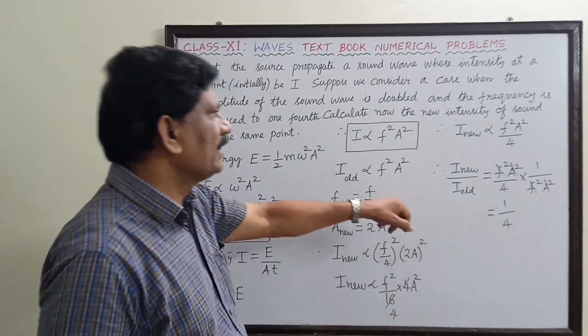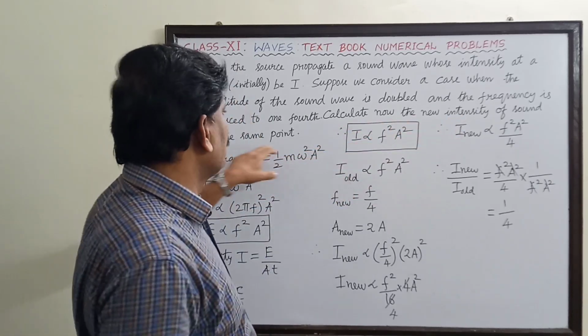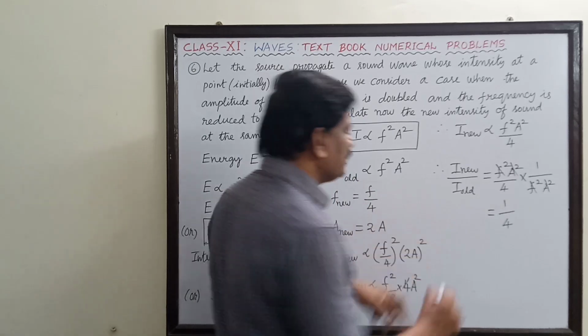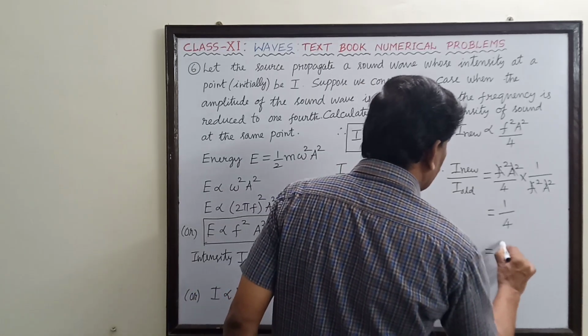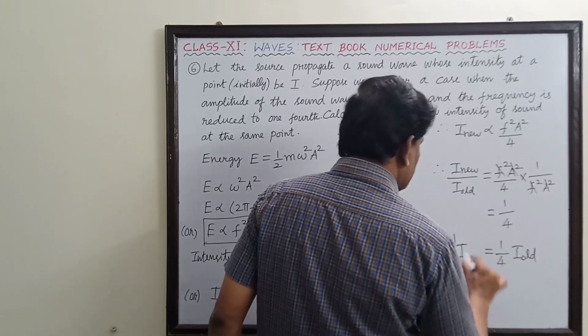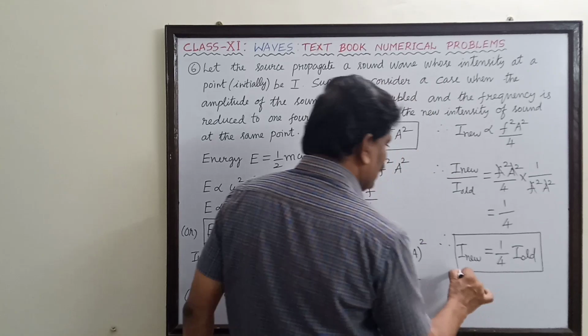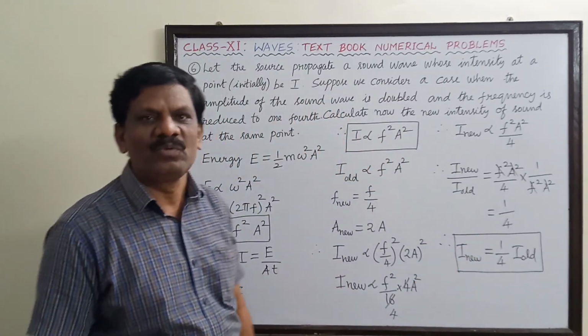So calculating the new intensity of sound at the same point, the new intensity is equal to 1/4 of the old intensity. This is what is asked in the question. I hope you must have understood well. Fine.